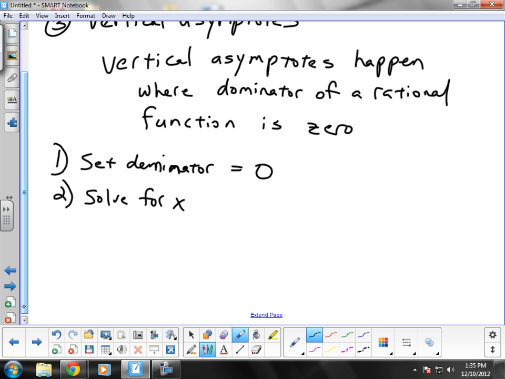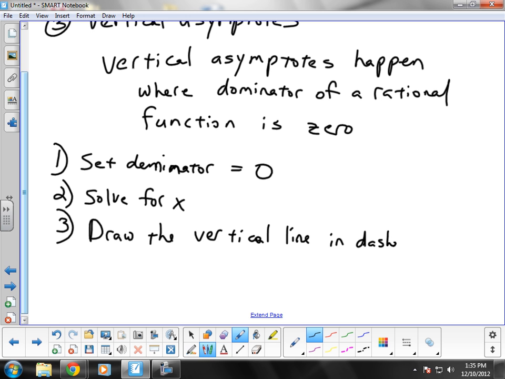And then if we were actually to the point where we were graphing this, because that's why we do the vertical asymptote, so we can graph it, then our step number 3 is that we actually draw the vertical line in dashed form on the graph.